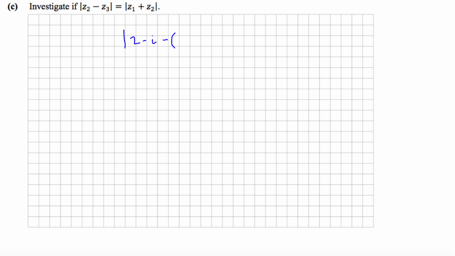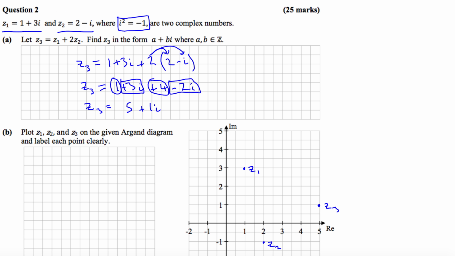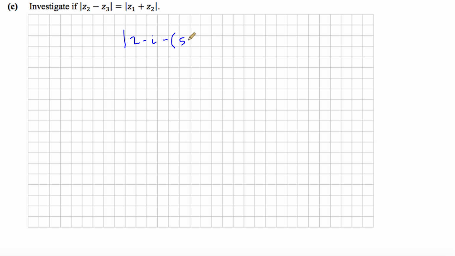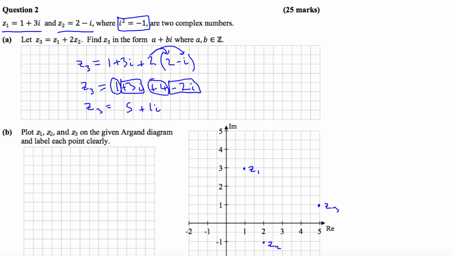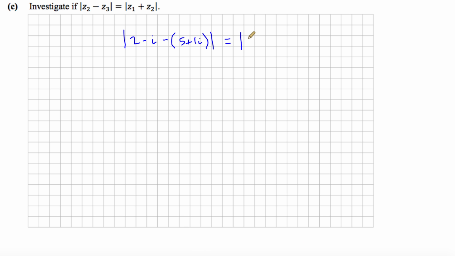Minus Z3, which we just established was 5 plus 1i, or 5 plus i. So we're looking for the modulus of that. Is that equal to the modulus of Z1 plus Z2? So Z1 is 1 plus 3i, and then Z2 is 2 minus i. So 1 plus 3i plus 2 minus i. When we're adding complex numbers, we don't need to protect with the bracket.